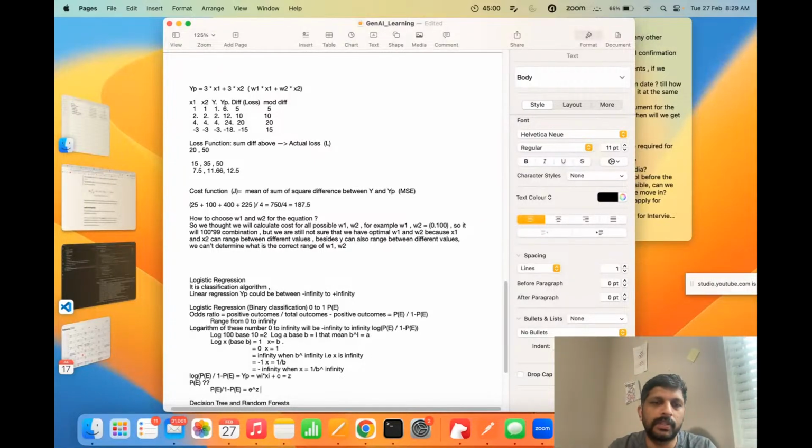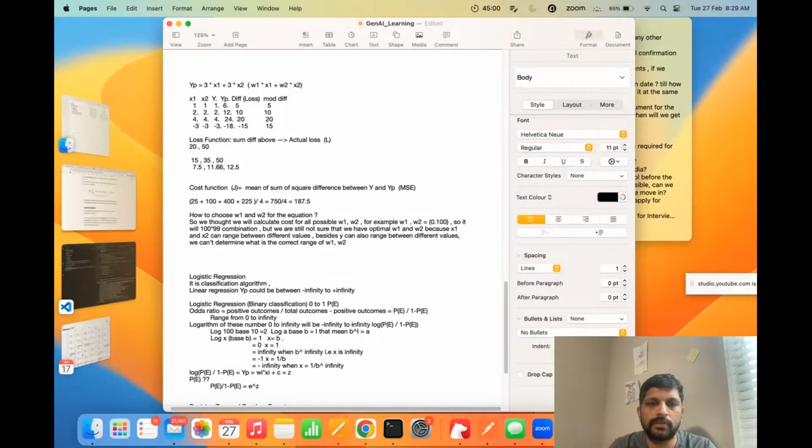Solving this is not a complex thing. I'm just trying to make it simple by taking the reverse of both sides. So 1 minus P of E by P of E is 1 by E power Z, correct?